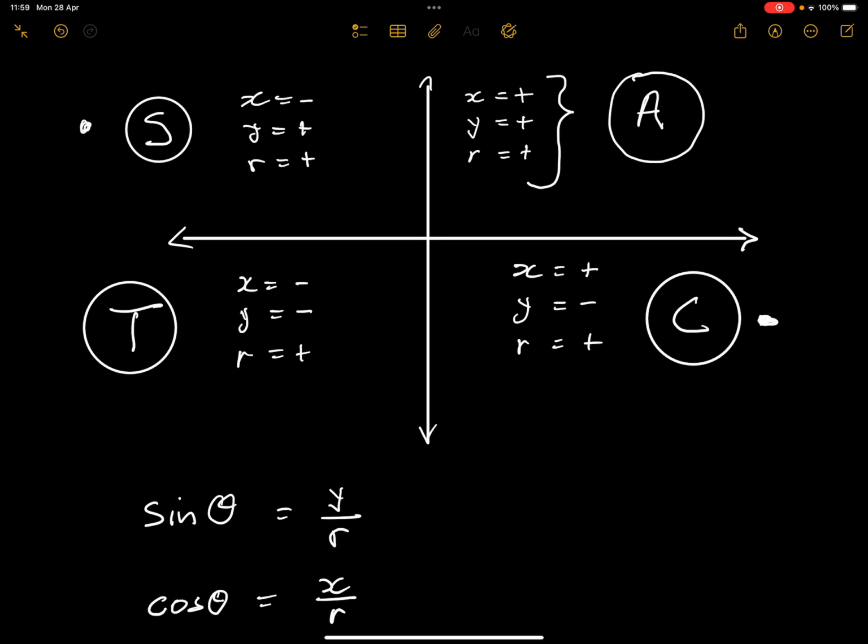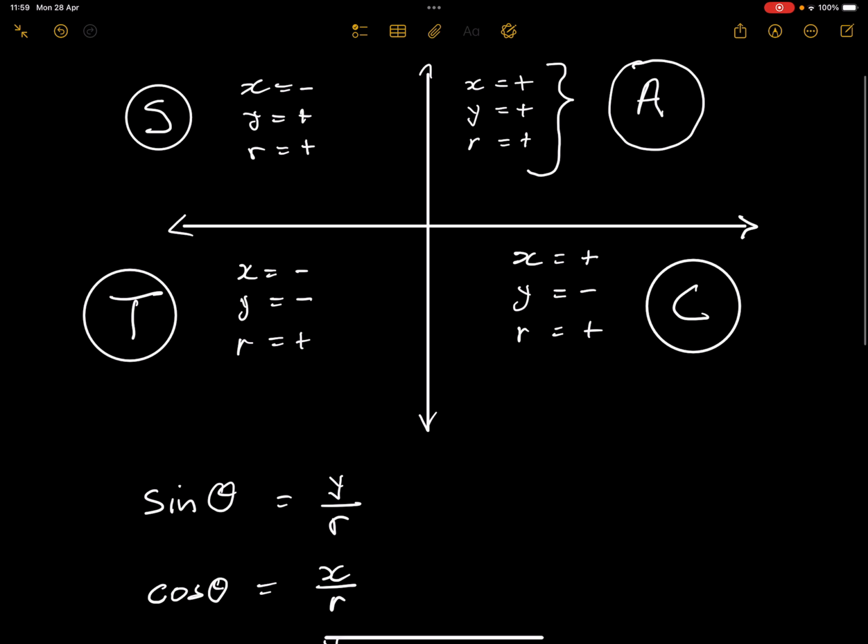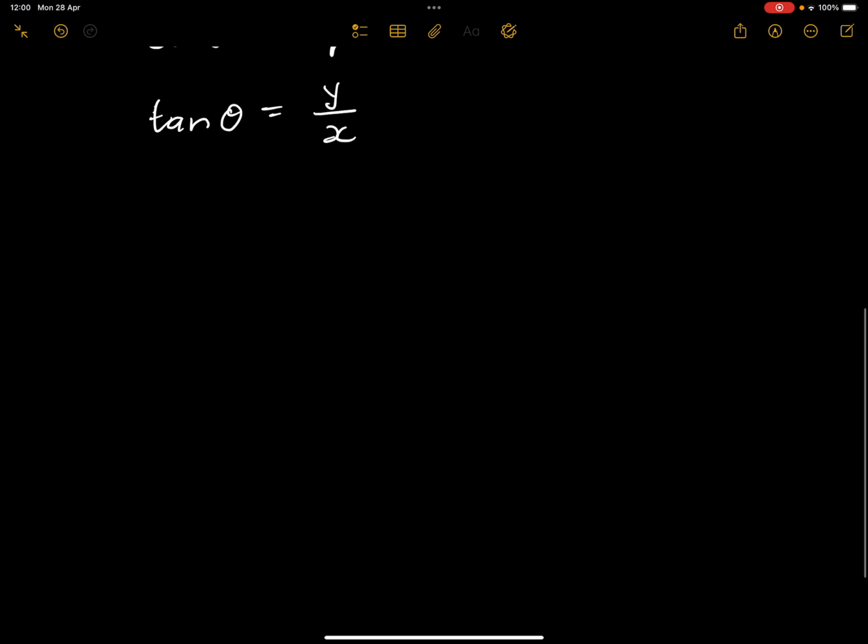So that means that sine and its inverse are both positive in the second quadrant, and cos and its inverse, which is sec, would be positive in the fourth quadrant. Now, ladies and gents, I want us to please remember this. So we therefore use what we call our CAST diagram.